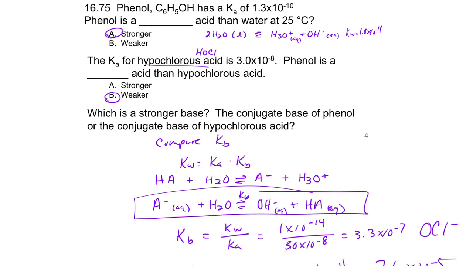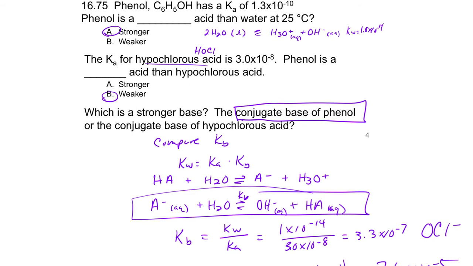So which is stronger? Conjugate base of phenol, right? Did we need to do the calculation? Not really, no. We can look at our Ka values, okay?